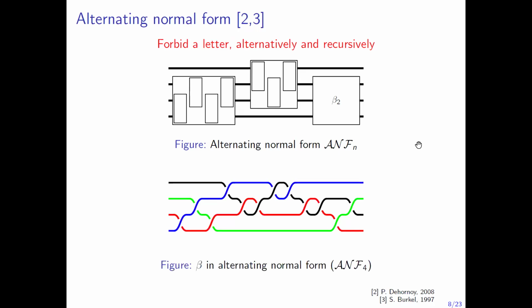So let's do it on an example. I'm saying that beta here is an alternating normal form for 4 strands. So how do we observe that? Well, first we find the decomposition. Here, we do not choose the top strand. Here, the bottom is the top. Everything's fine. But also, we need to check that each block is maximal, which means that we need to check that there is no other representation of beta that has a bigger first block.